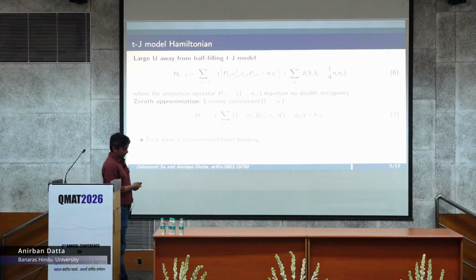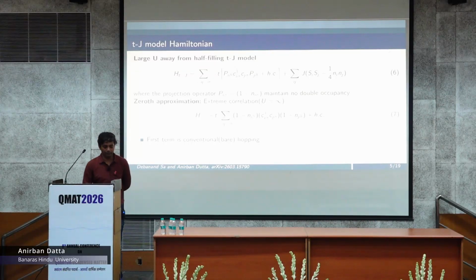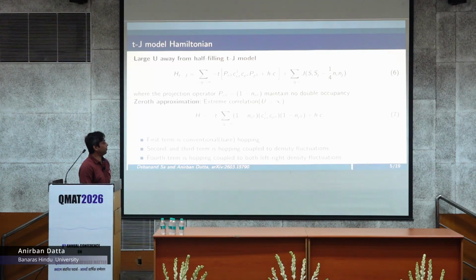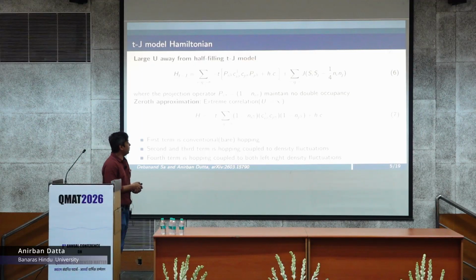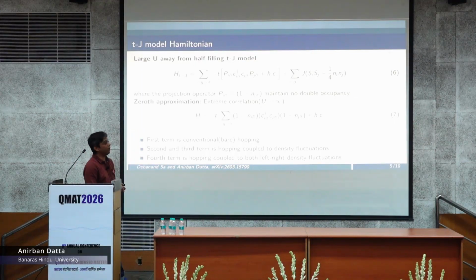If we expand this hopping term, we can see that it has 3 kinds of terms. The first term is the conventional bare hopping term. The second and third terms are hopping coupled to the density fluctuations, and the fourth term is hopping coupled to 2 density fluctuations. I want to find the solution for this kind of Hamiltonian, where every term is of the order of T, so we cannot apply standard perturbation theory.